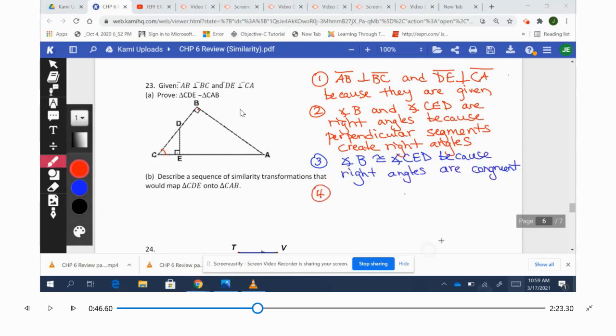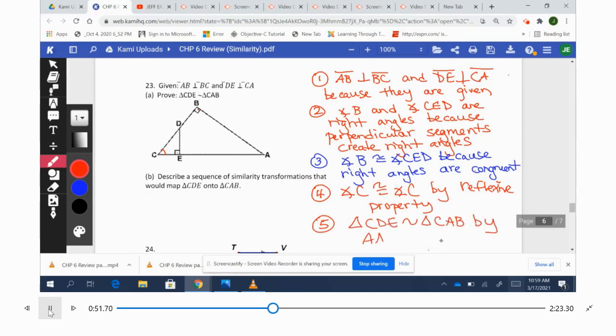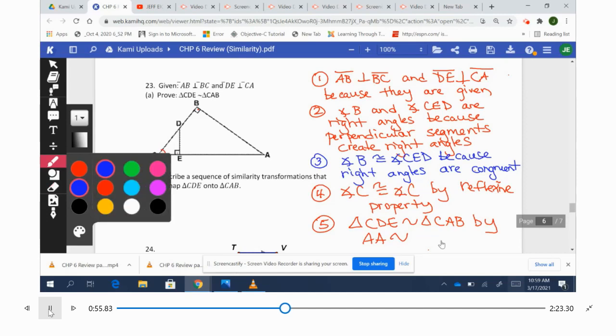So 3 steps to get to those angle E and B congruent. I use a 3-letter path for E, because there's 2 E's. Okay. Step 4: angle C is congruent to itself by the reflexive property. Please say the property there. And then step 5, the triangles are similar by angle-angle similarity.